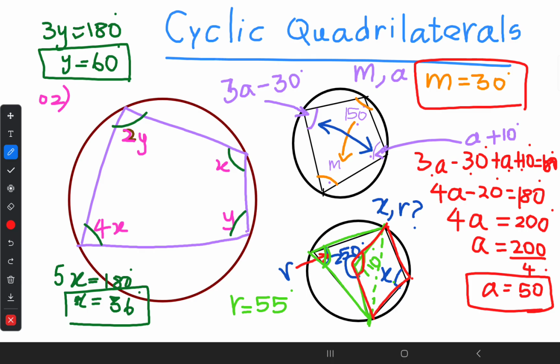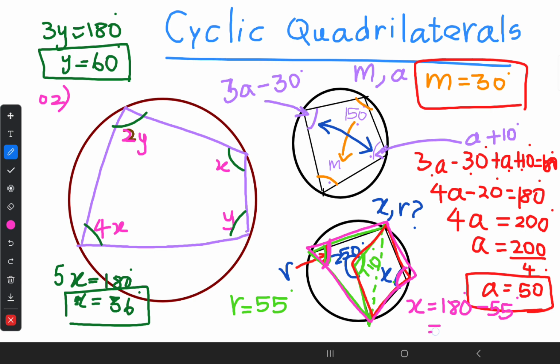This is the angle created by the chord at the center and the angle created by the chord on the circumference. That should be half of 110. So R is 55. Then you can use the cyclic quadrilateral because all the 4 points are situated on the circumference of the circle. So X should be 180 minus 55.